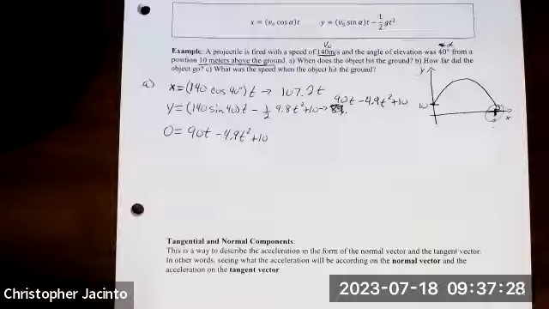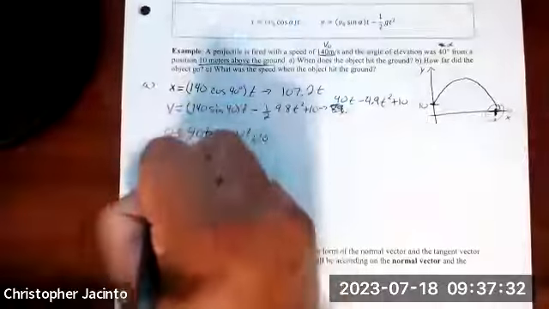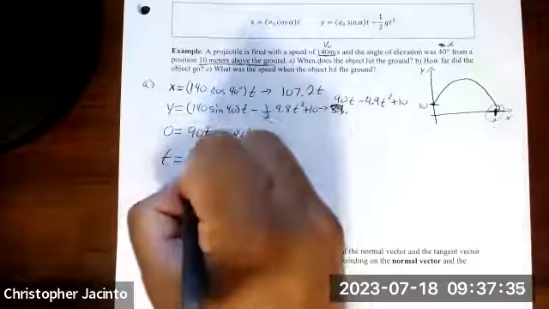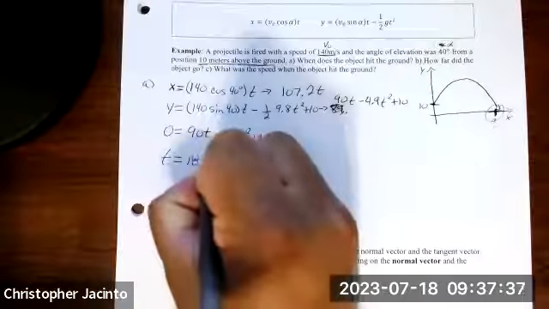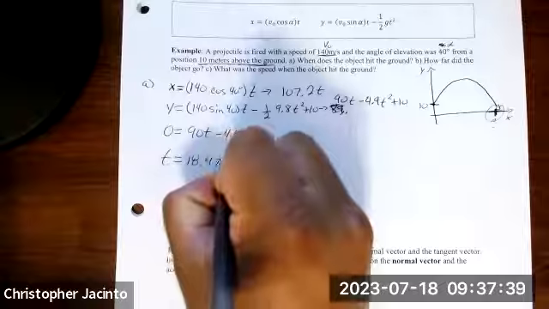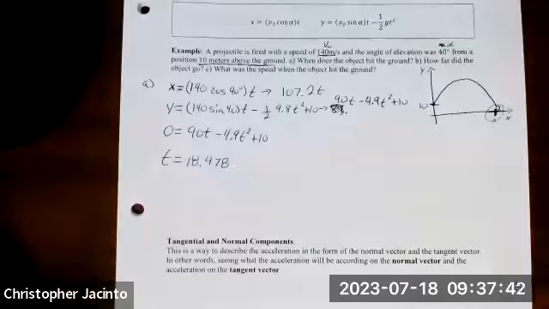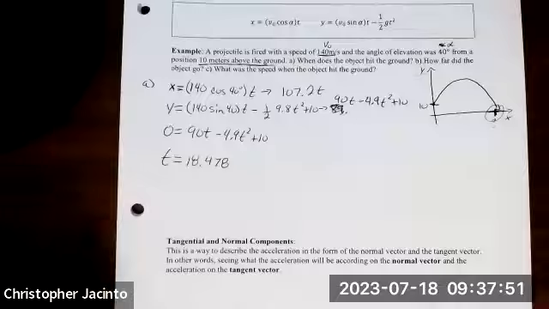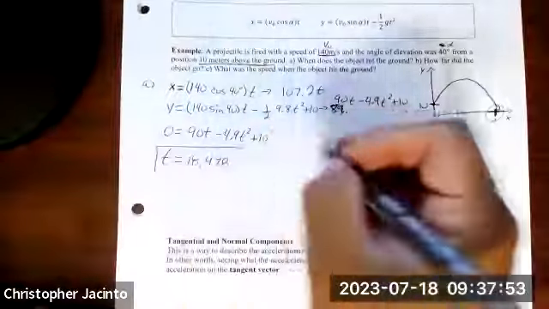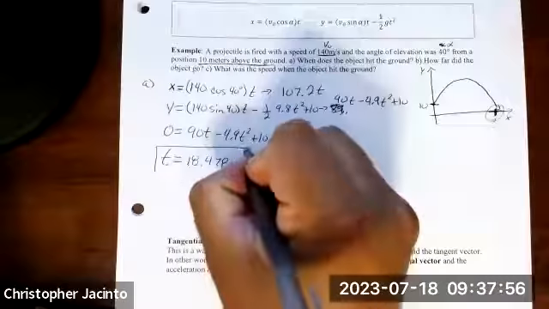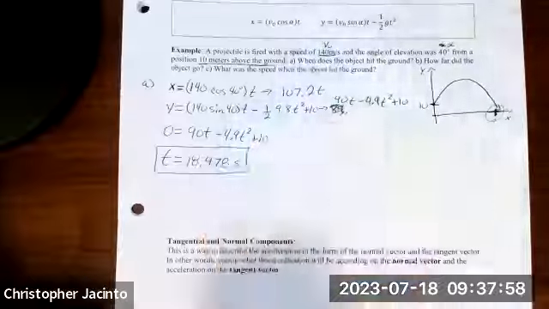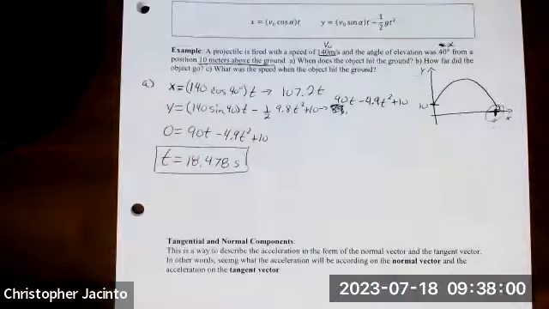But in any case, you get approximately t equals 18.478. So looks like, yeah, seconds. So it hits the ground in approximately 18.5 seconds.